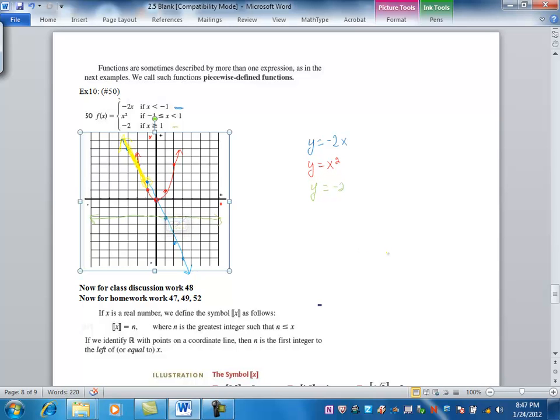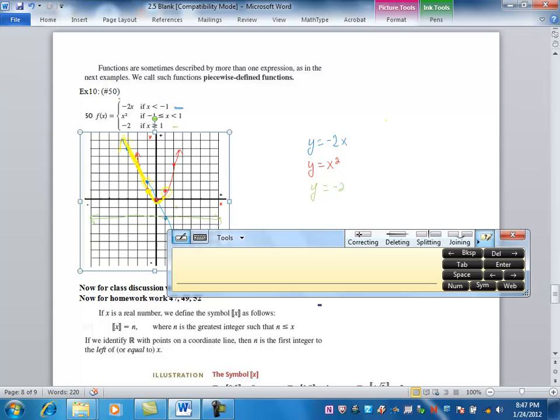And then, if x is between negative 1 and 1, so this is where we get to include, we've got a closed dot here, and we go over here at 1 to our open dot. Alright. And then if x is greater than or equal to 1, well, that takes over right here.